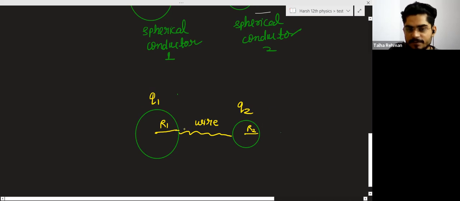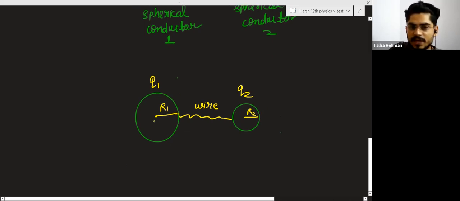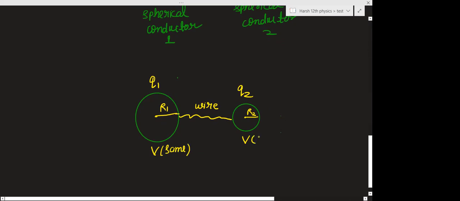As the wire is connected, the charge will flow till the potential of both the spheres becomes the same.